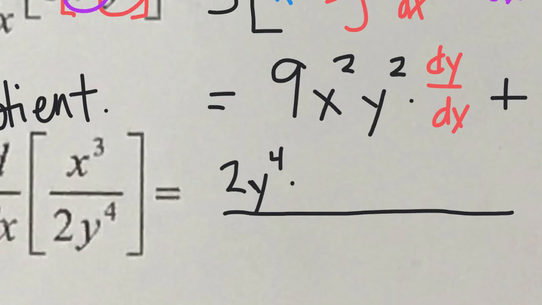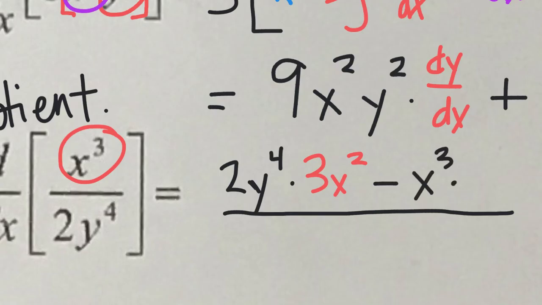So the low term times the derivative of the high term. What's the derivative of x cubed? 3x squared, beautiful. Minus the high term, which is x cubed, times the derivative of the low term.